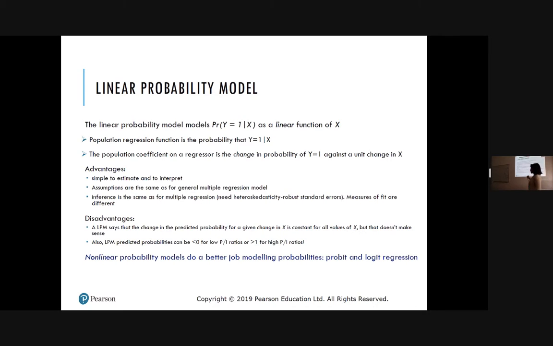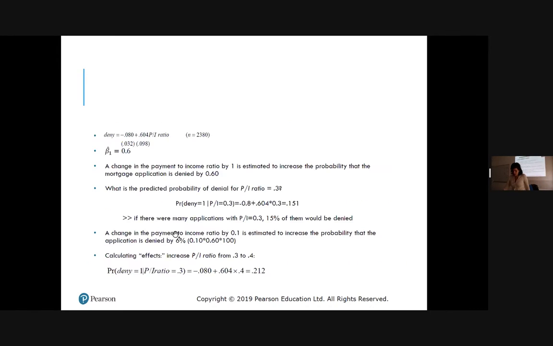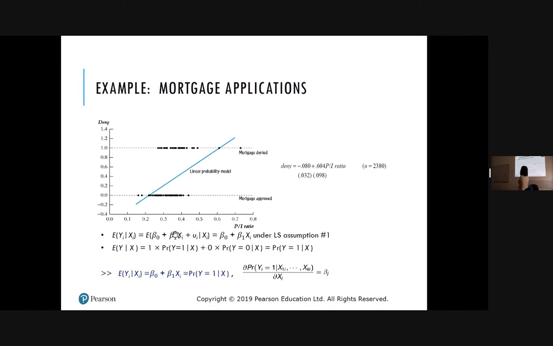This is something that I already said, but when the payment to income ratio is very high, by increasing this payment to income ratio, the effect on being denied is very small because it's already too high. So the marginal effect of increasing the payment to income ratio should be lower. And the same when the payment to income ratio is very low.